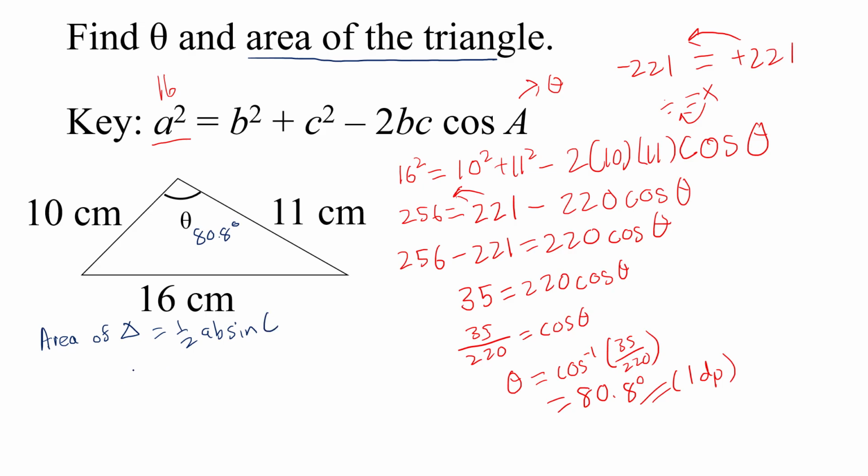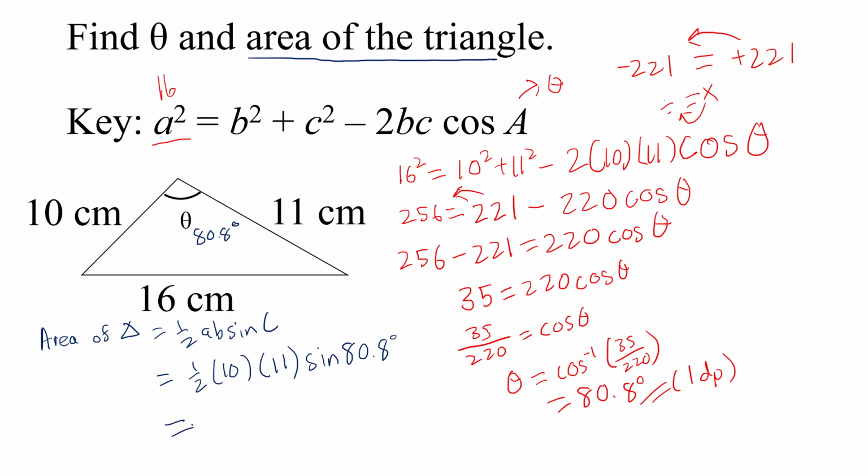Which is equals to half times AB, which is 10, times 11, times sine 80.8 degrees. Just take note, even though I write here as 3 significant figures or 1 decimal place, you should use the value inside your calculator rather than this, the answer that you got.